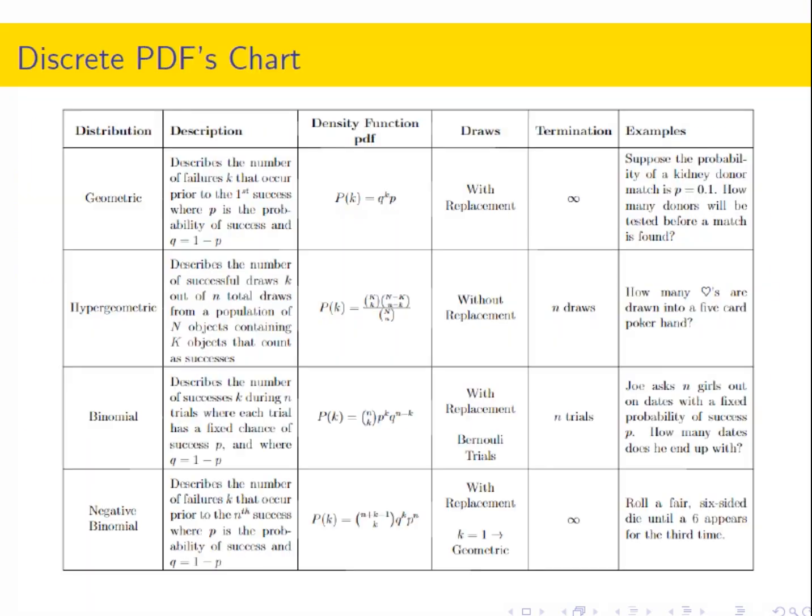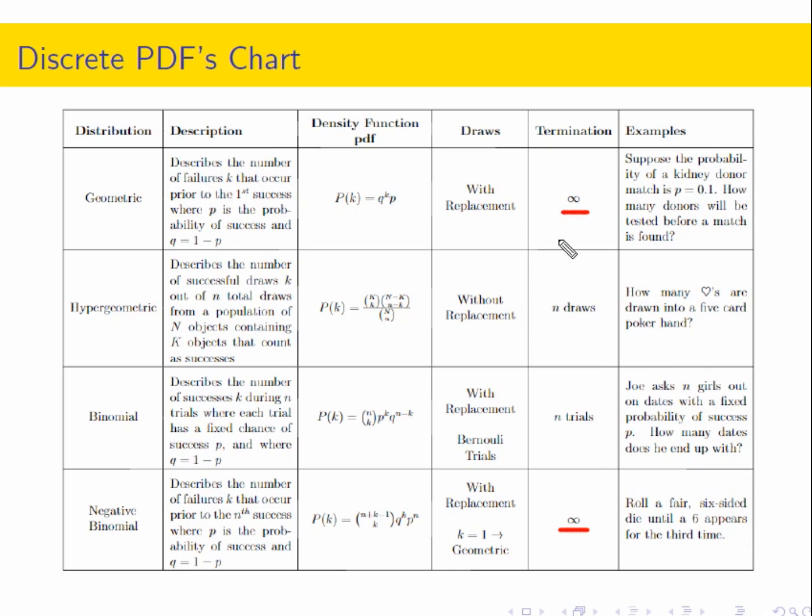Okay, so notice now, let's just go back up to the chart, right? Notice now that we have a possibly infinite termination criteria. It is possible that she could never have the goggles come off, even though there's a 10% chance. It doesn't mean that she couldn't go 10 times in a row or 20 times in a row without the goggles coming off.